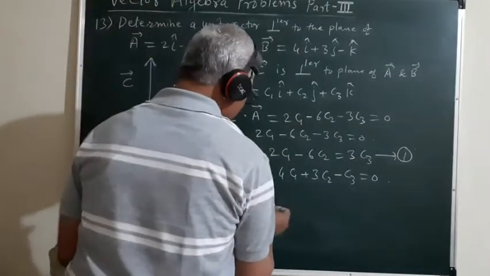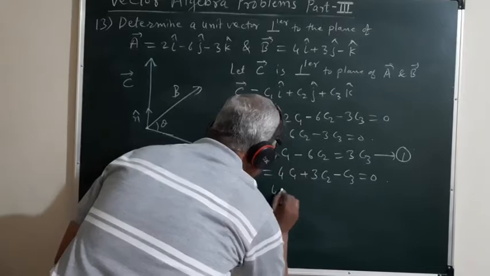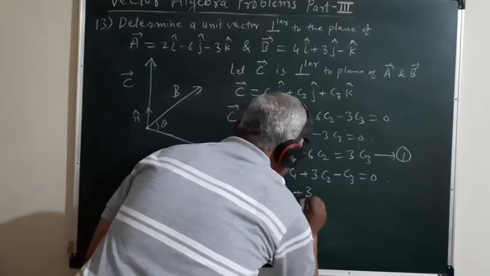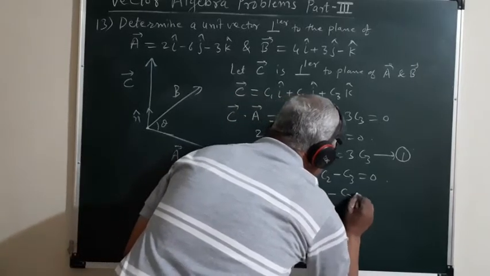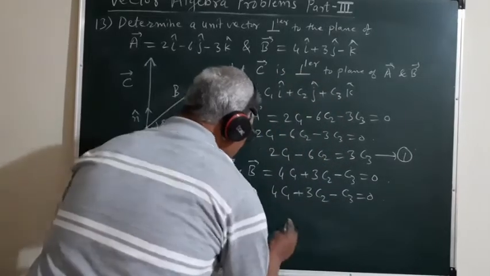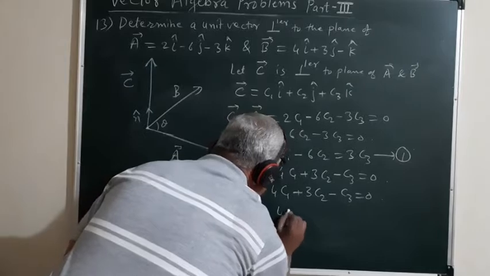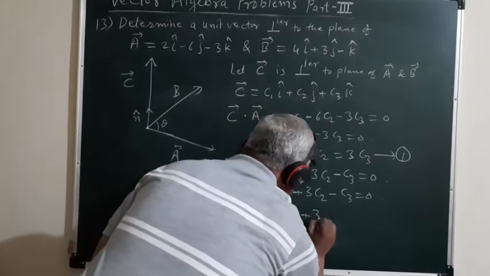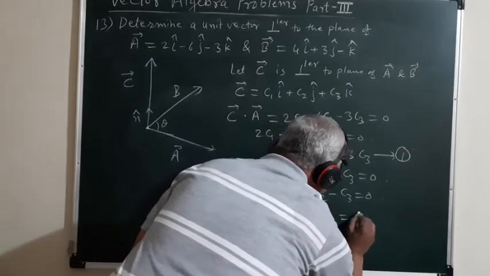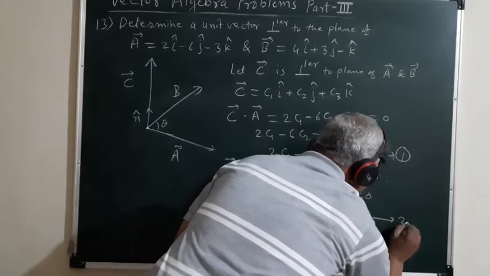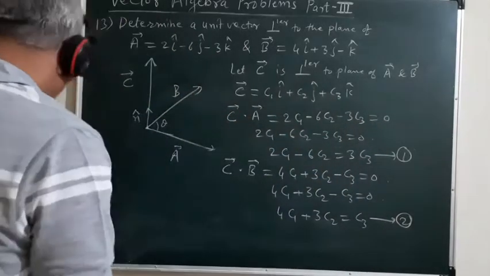So this implies that 4C1 plus 3C2 minus C3 is equal to 0, and transferring this term to the right hand side, we can express it as 4C1 plus 3C2 is equal to C3. Say this is equation number 2.